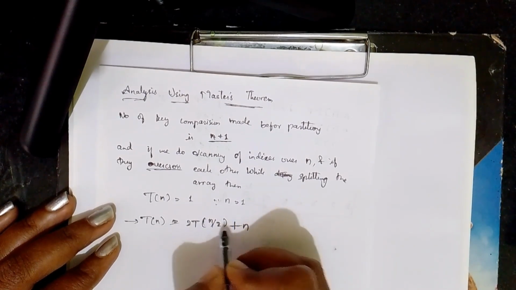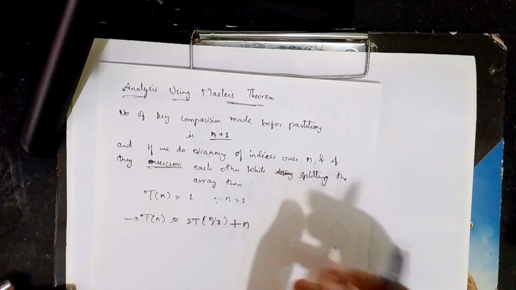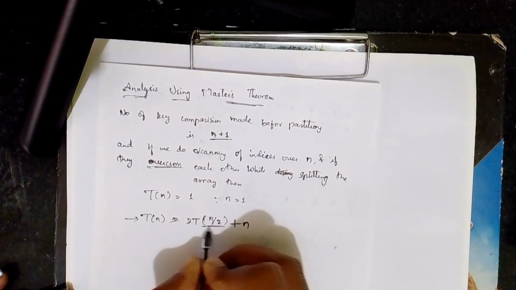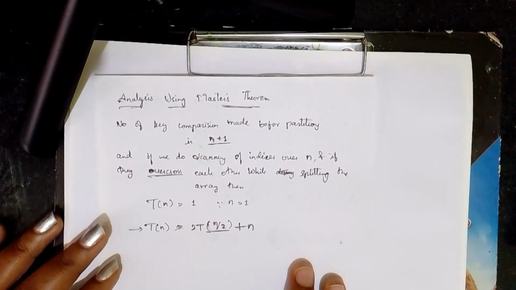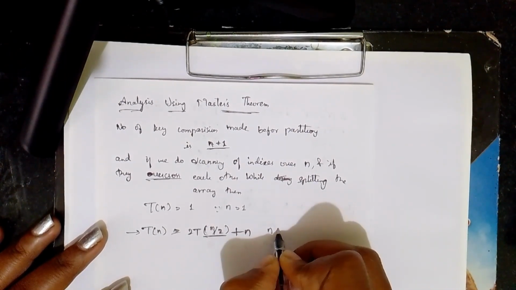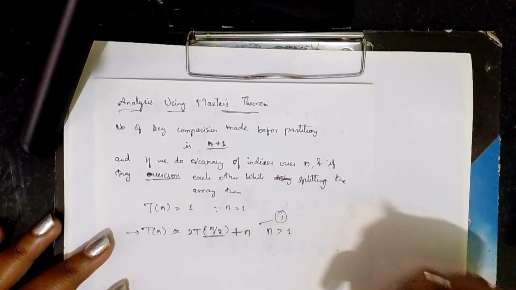This n/2 is because we are dividing the array into 2 subarrays. Now let's solve this. This is only when n is greater than 1. Let's take this as equation 1.